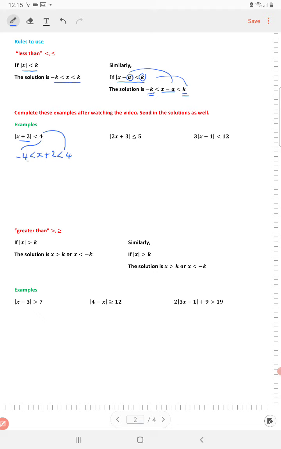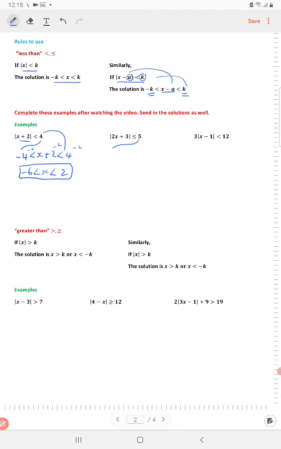So notice we got minus 4 less than x plus 2 less than 4. We've got a 2 here, so we subtract 2 both sides to give minus 6 less than x less than 4 minus 2, which is 2. So that's your solution. So any value between minus 6 and 2, this inequality will be true.